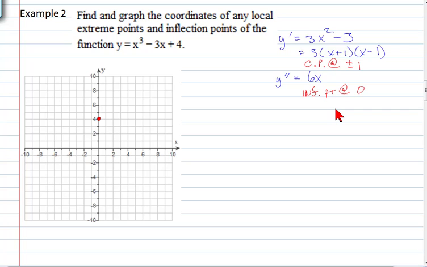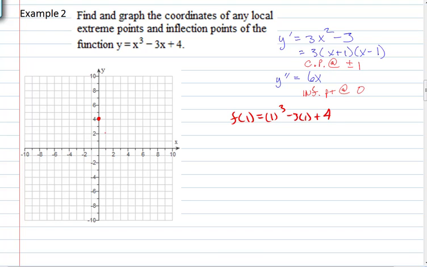And when x is equal to 1, what's y? How do I find f of 1? It's 1 raised to the third minus 3 times 1 plus 4. 2. Positive 2.